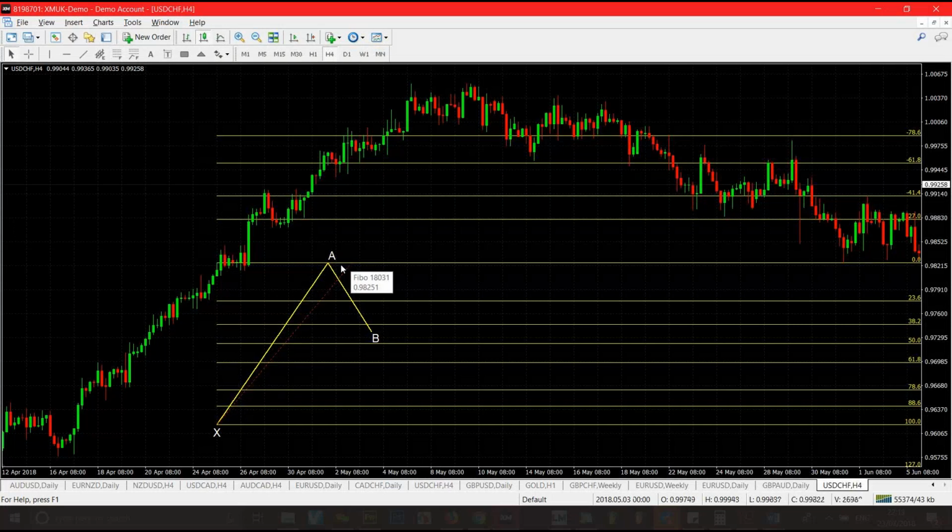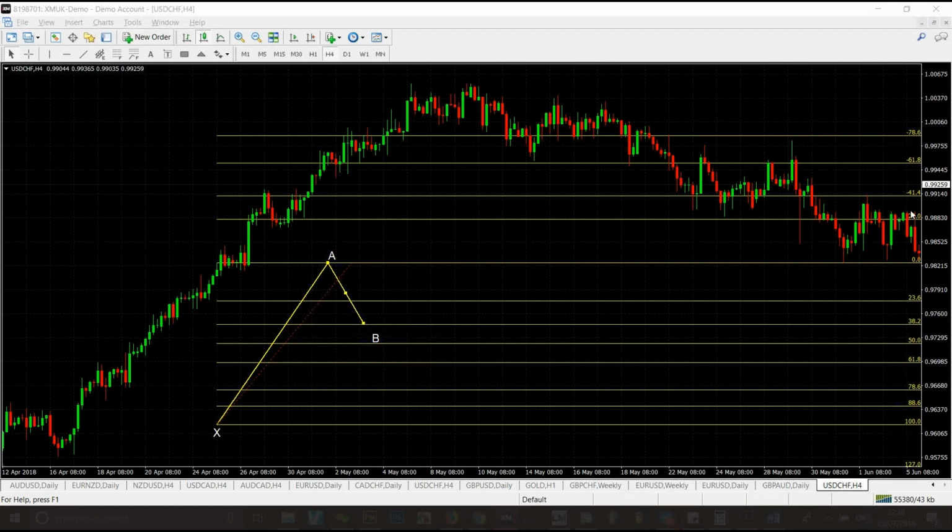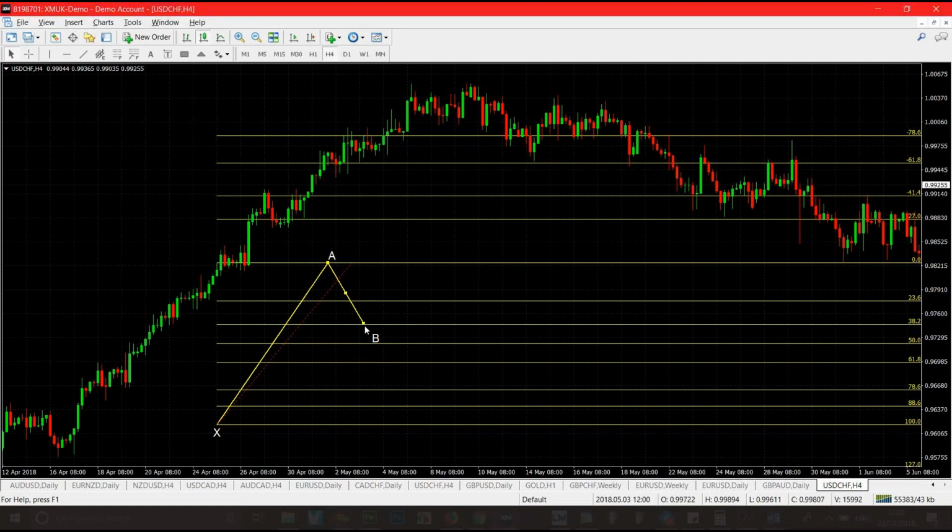Automatically you can find your B leg, or your AB leg, which would be between 38.2 or 50.0. So if it gets to this point, it is valid.